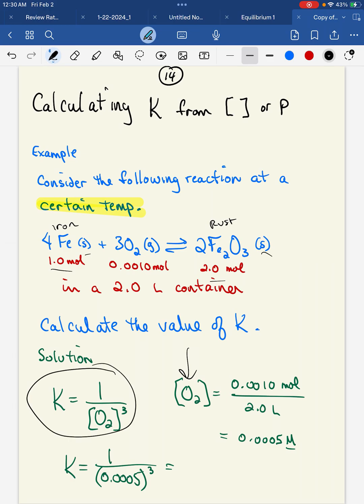Here's my expression for K. I'm going to plug in for the O2. And I think I'm going to get a pretty crazy number.